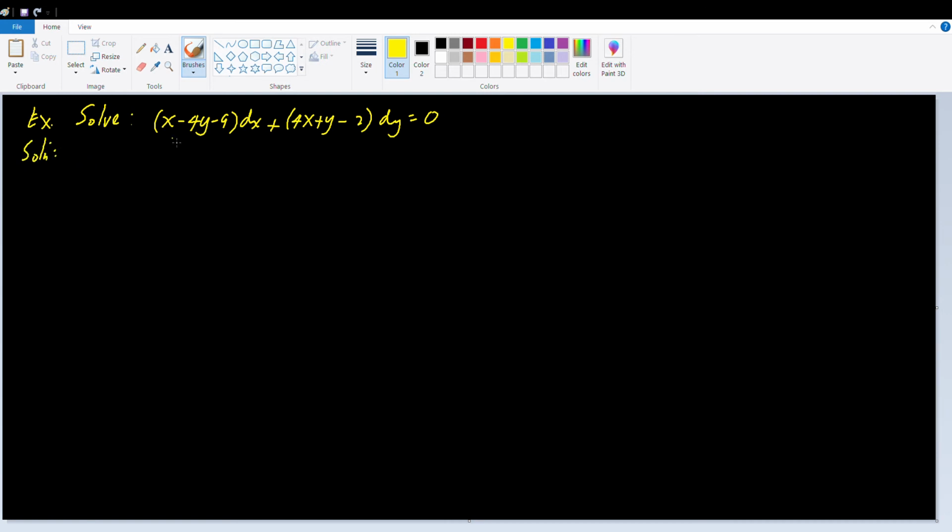So let us consider the coefficients of dx and dy and equate both of them to 0. Then we solve for the point of intersection.